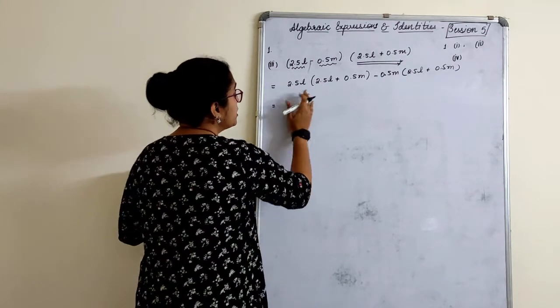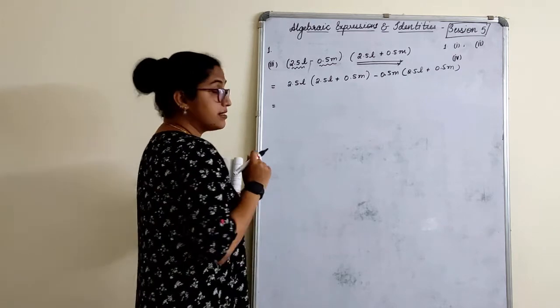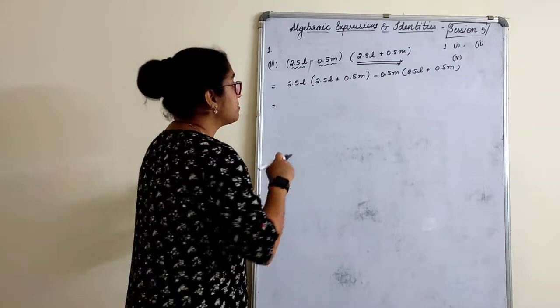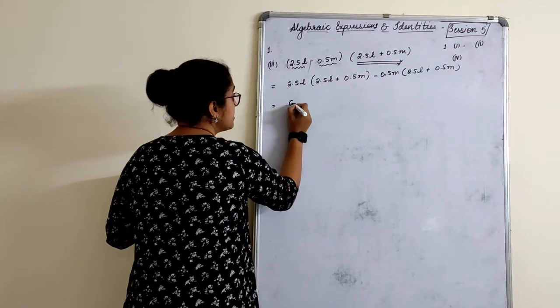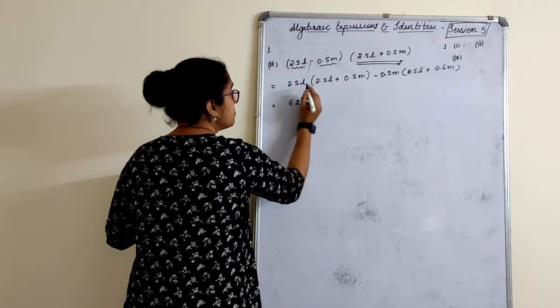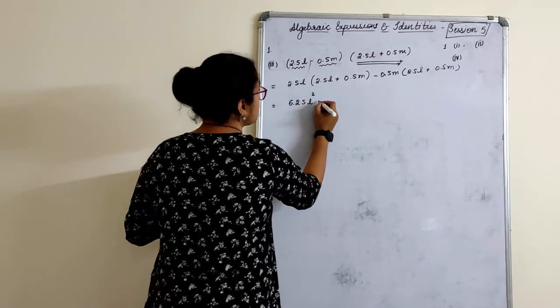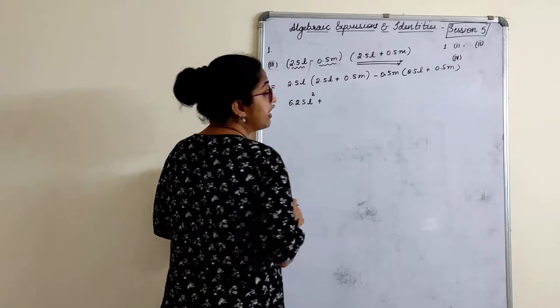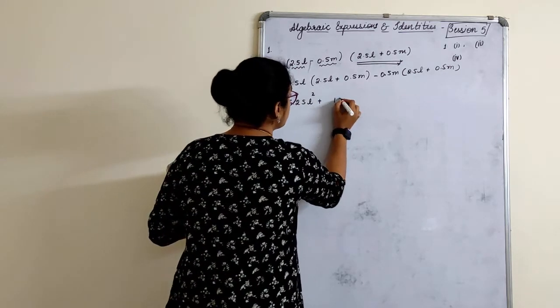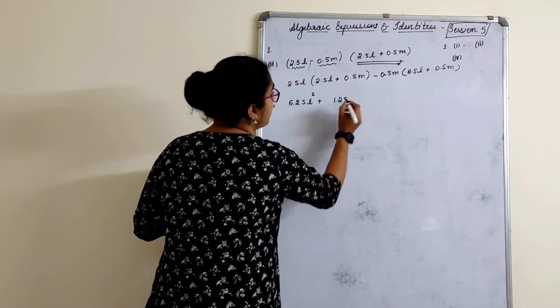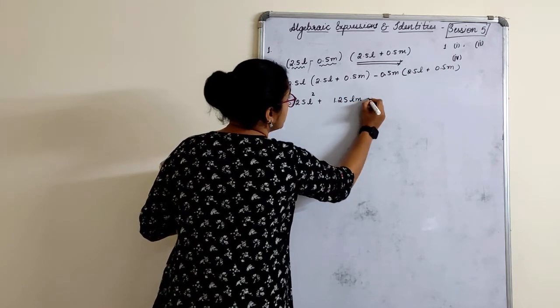Now simplify. First, decimal multiplication: when we do this, we just multiply the numbers and then shift the decimal. 25 times 25 is 625, decimal after 2, L square. Plus 25 times 5 is 125, decimal after 2, LM.